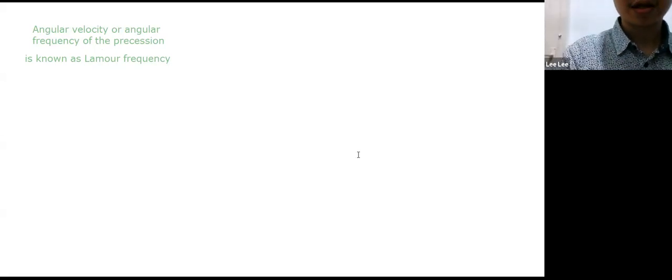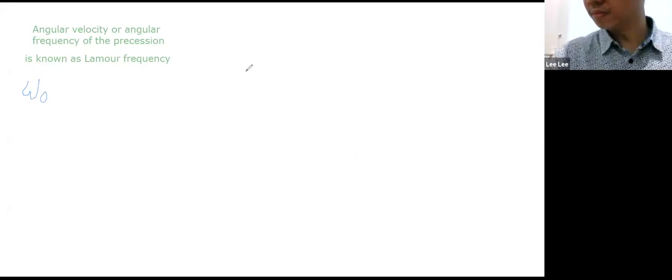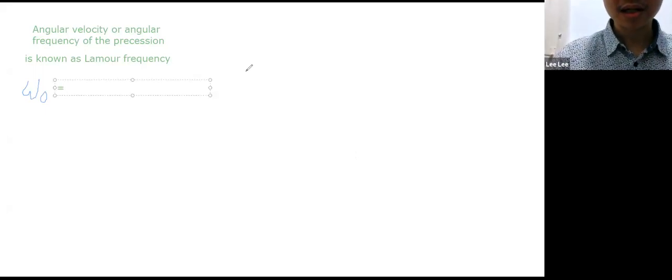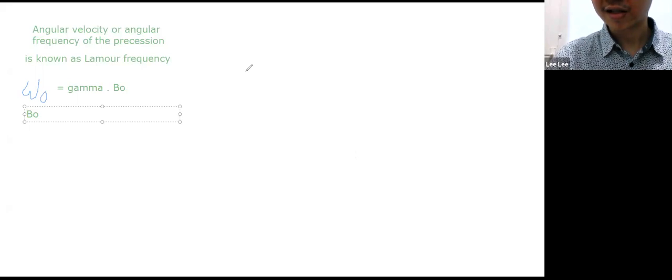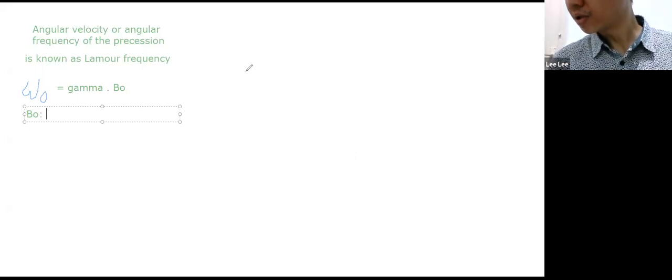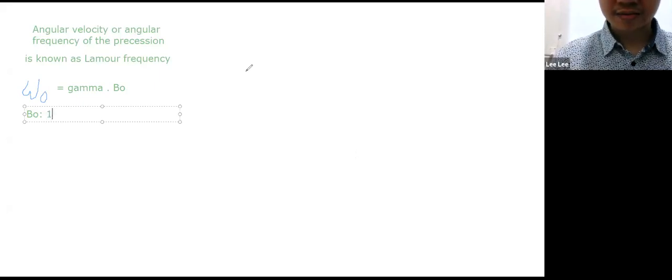Larmor frequency, omega 0. Remember, the Larmor frequency is given by the formula omega 0 equals gamma times B0. You know B0 is the magnetic field density. The B0 that we use here is 1.5 Tesla.